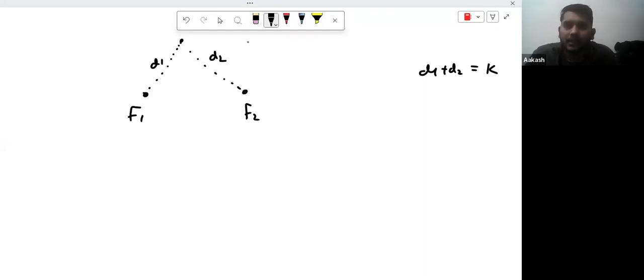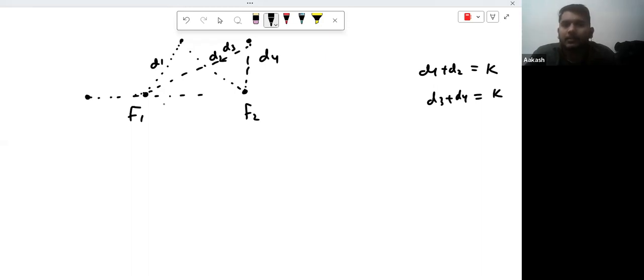What I mean by this, if you take another point, and suppose these distances are d3 and d4, then d3 plus d4 should be equal to k also. If you take another point here, and suppose these are d5 and d6, this should also equal k. Getting my point? You take any point and the sum of distances should be equal.